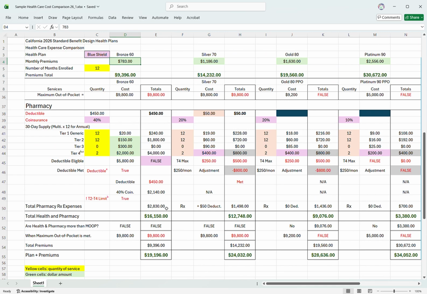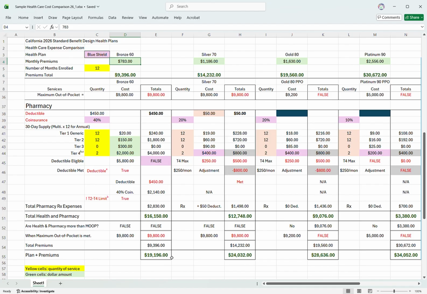So we have our total pharmacy expenses, we add those to the healthcare expenses, and again, if it is greater than the maximum out of pocket, that is triggered. So are the health and pharmacy more than the maximum out of pocket? Yes, they are. So then we just have the maximum liability of $9,800 plus the total premium.